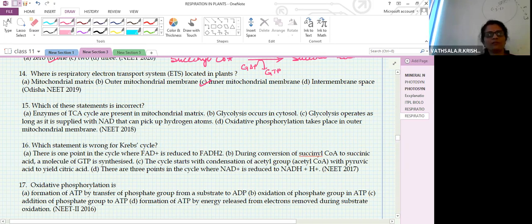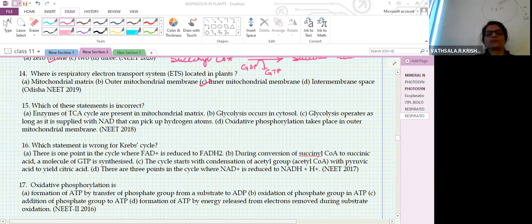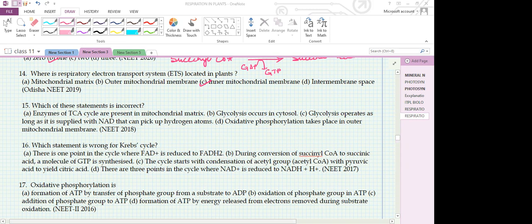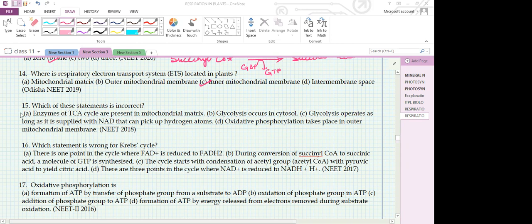Can you read it? Is it fine now? Yes, it's better. Ma'am, the answer is D, I think. Why? Phosphorylation takes place in the inner mitochondrial membrane.